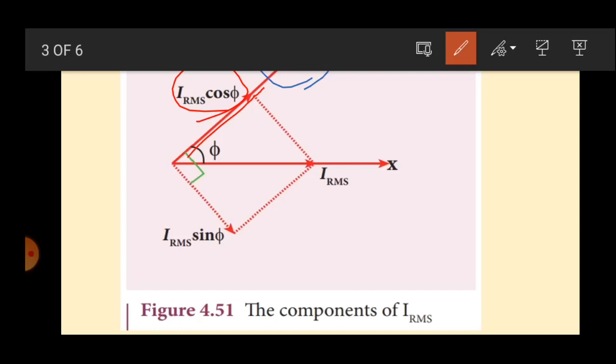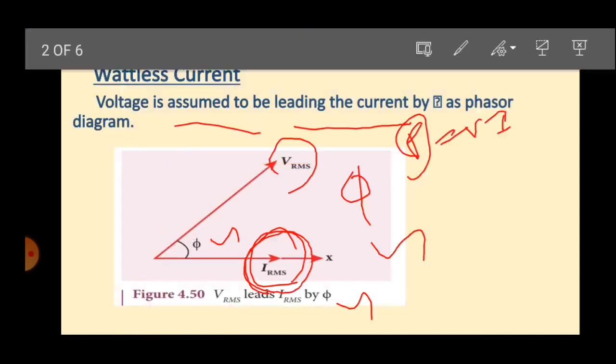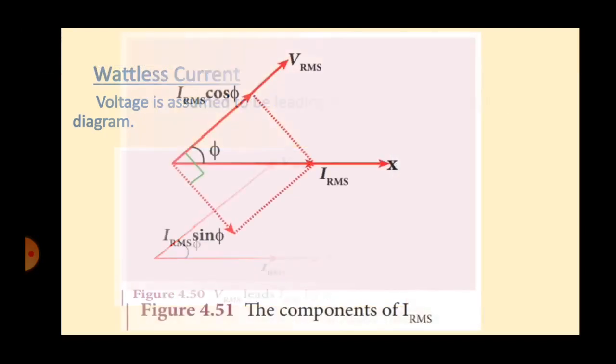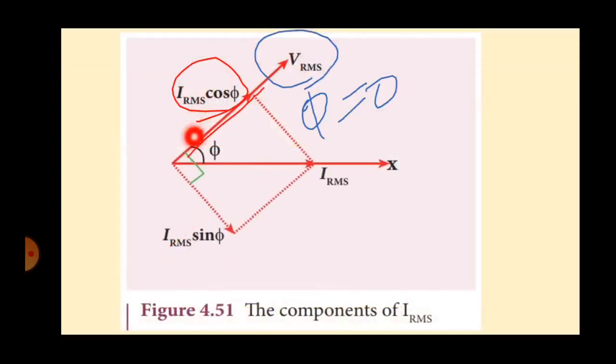Both are in the same direction, so phi is equal to 0. Are you clear, children? Okay. Now this component, Irms cos phi, which is in the same direction as Vrms, we call the active component.